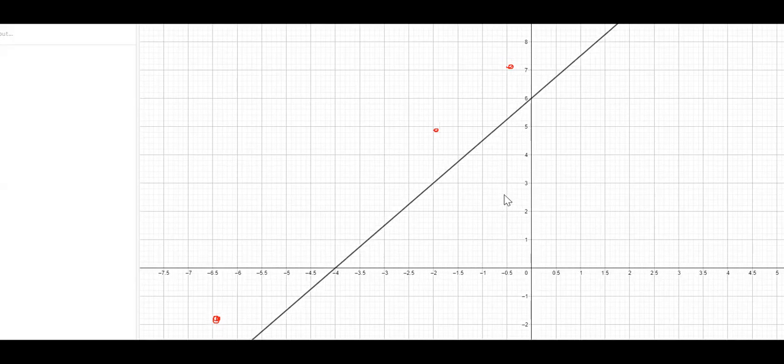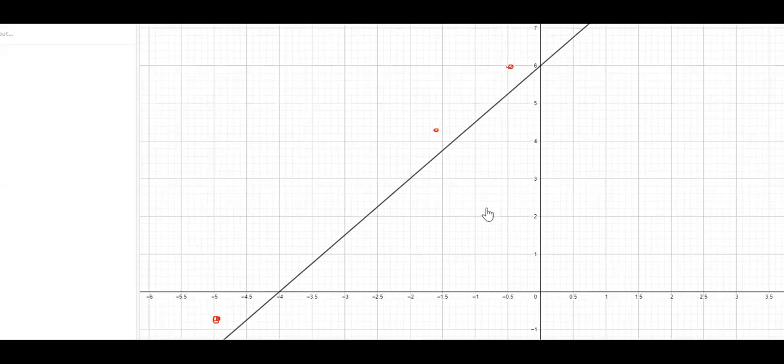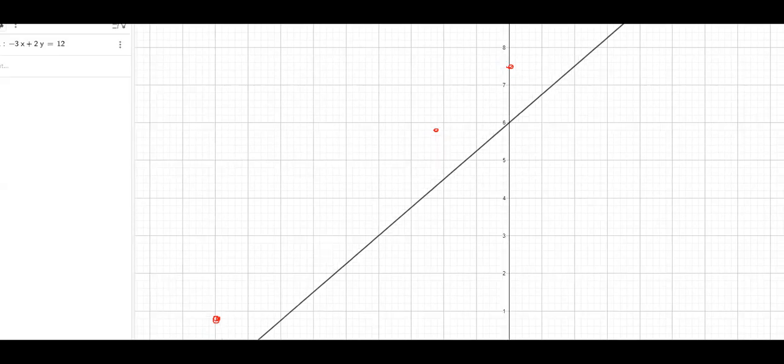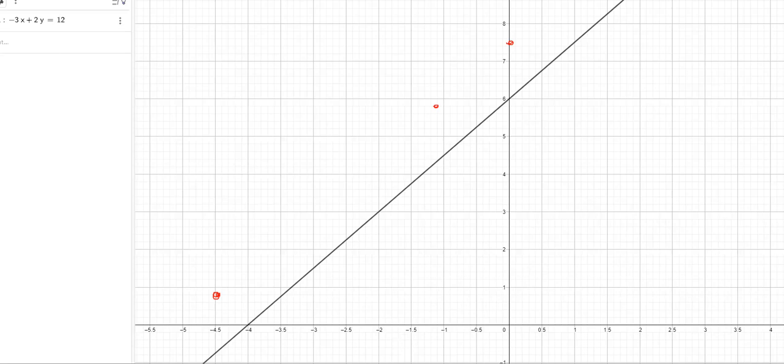Okay, so I think that's better. So (2, 9), the 2 is here. I think that's visible now. All right, so from -4 up to 2. Then you just simply draw the line, and that's it.